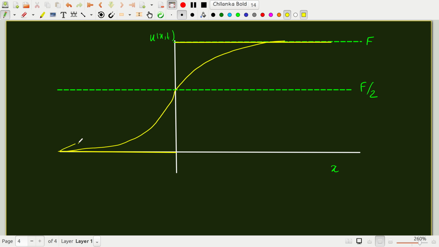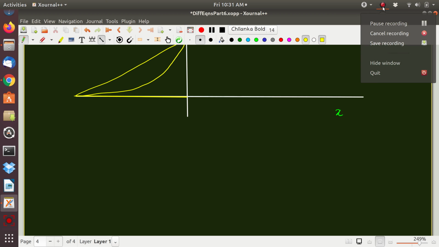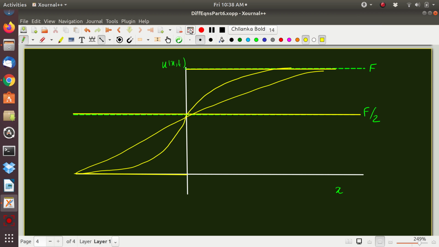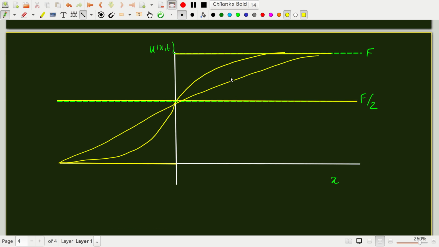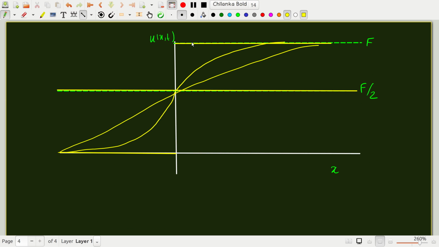For large times, it will look like this, and eventually all the temperature will be flat. So initially the temperature profile was like a step function. This is at time t equal to 0.